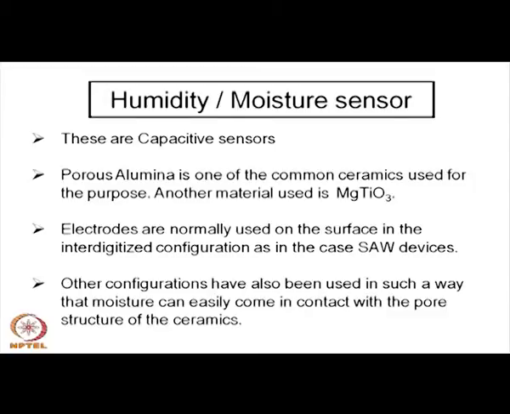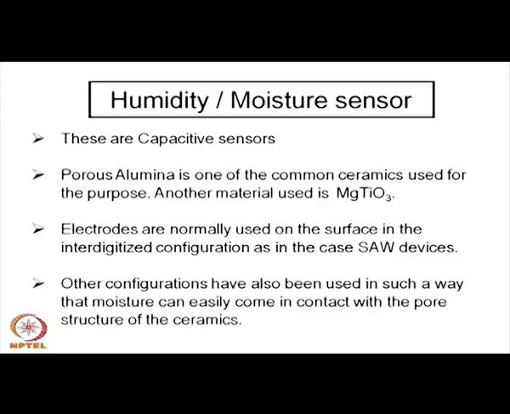Here we do not measure the conductivity or the EMF, we measure a capacitance. So, it is basically an insulating variety of oxide, in general a porous oxide. Within the pores, depending on the percentage of condensed moisture, the capacitance changes.